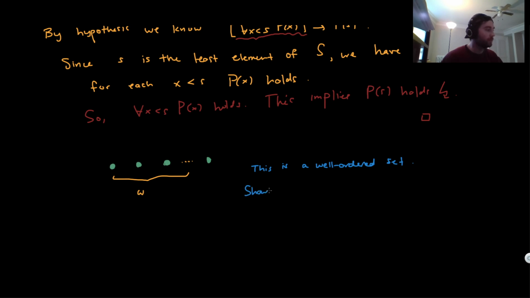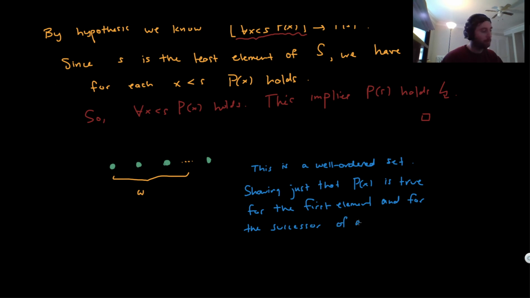So showing just that p of x is true for the first element and for the successor of an element would not show that the statement is true for every single green dot.